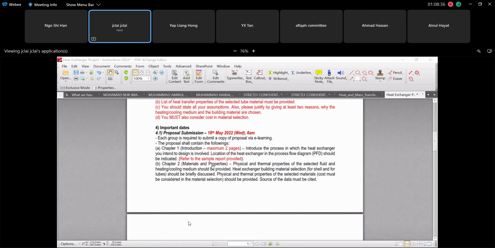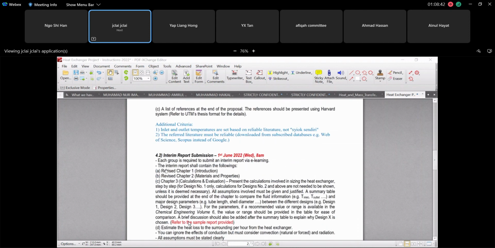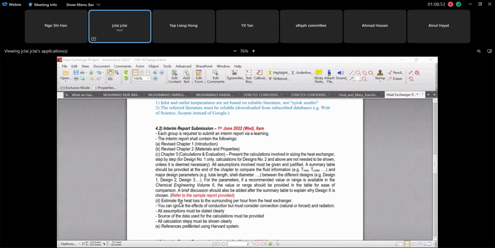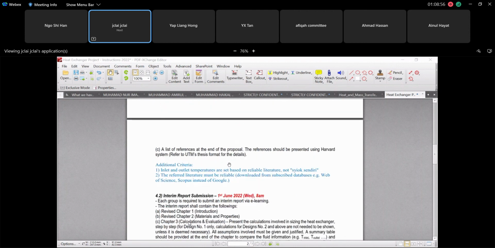This part will be given to you. But for the interim, the sample report will be given after you submit your proposal and we say yes, you can proceed. Then we will give you the sample report so that you can follow the format.